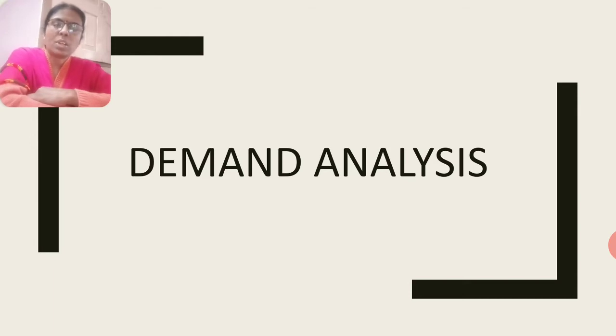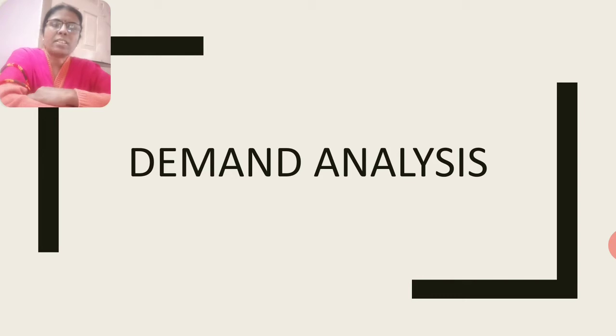Utility is a subjective concept. And there are three important aspects of utility: initial utility, total utility and marginal utility. How to derive all these we discussed, and we also discussed the very important law, the law of diminishing marginal utility. That is also very important from the examination point of view.